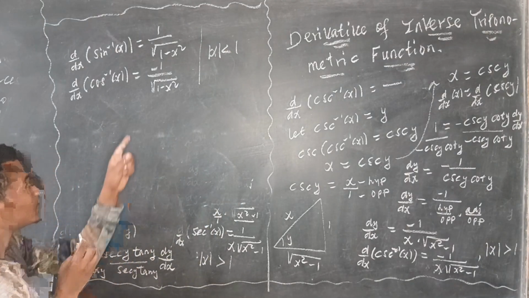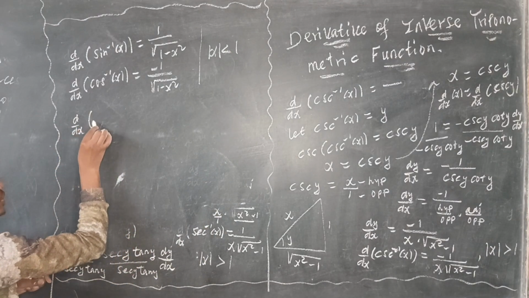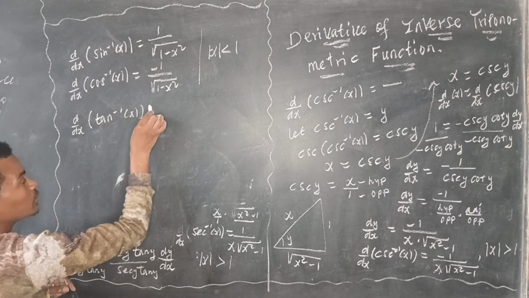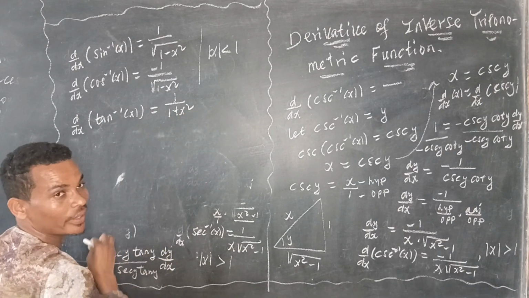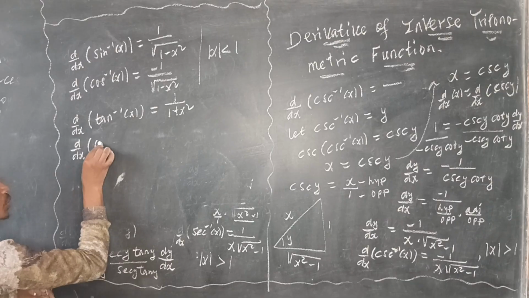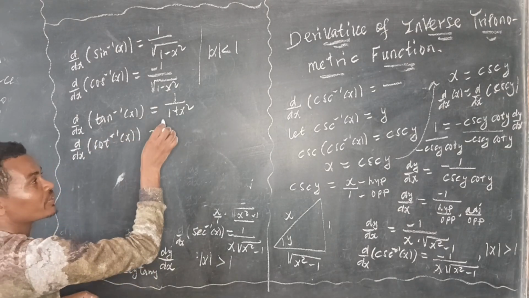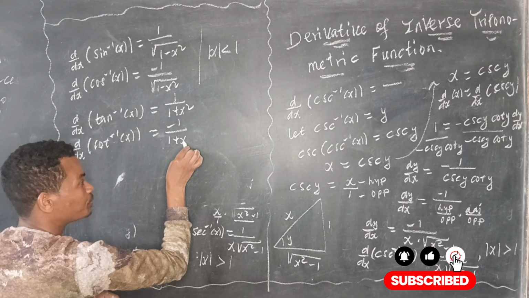The other one is d by dx of tan inverse of x, which is 1 over 1 plus x square, and d by dx of cot inverse of x is the same as tan, the only difference is making it minus 1 over 1 plus x square.